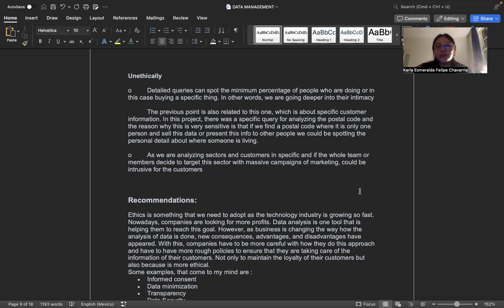So maybe it's good with the queries to spot the minimum percentage of people or the minimum of these, but just to be sure that they are not going to use that in a harmful way. So that for me was unethical, but again, it's related to the way someone is presenting the information.